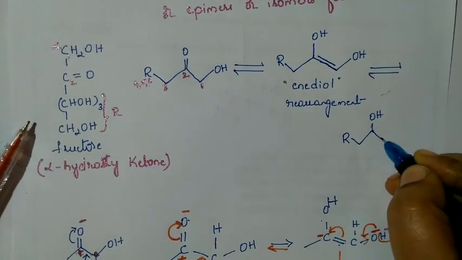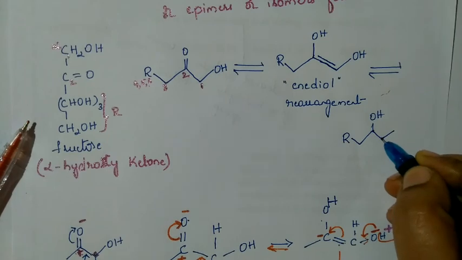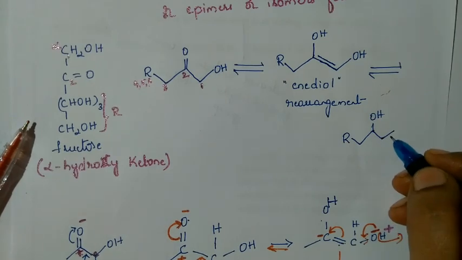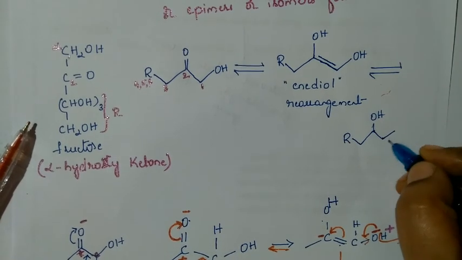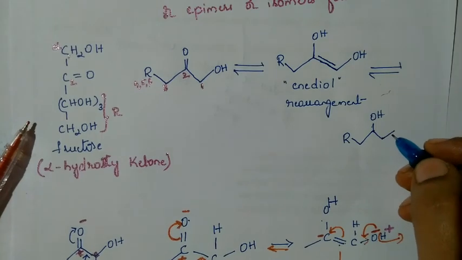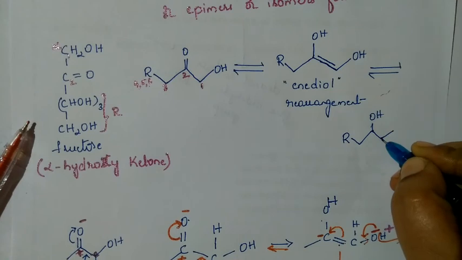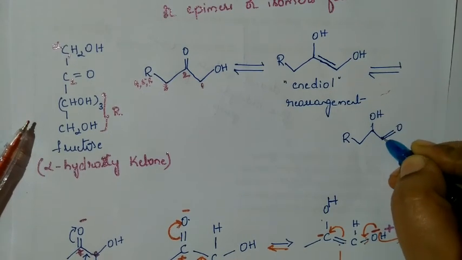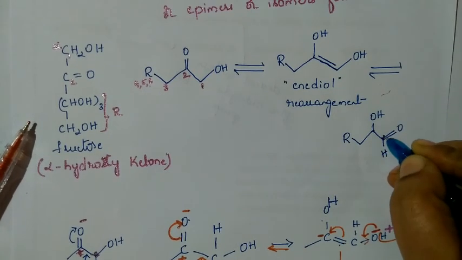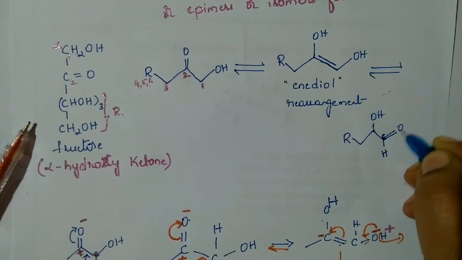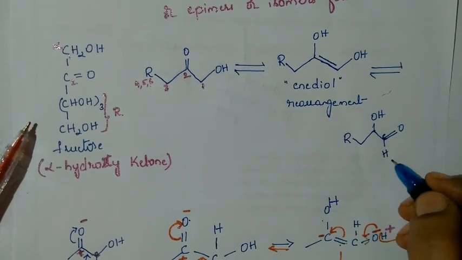This is our carbon, and that carbon is double bonded to oxygen, and we have hydrogen also. So this is carbon double bond O with hydrogen.